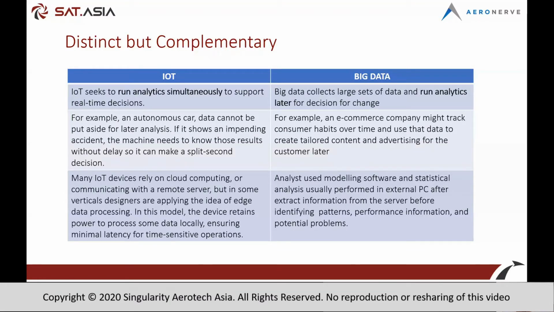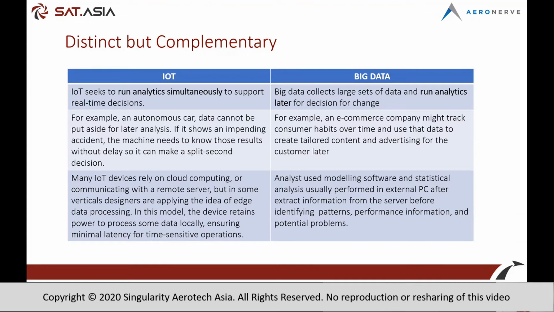It doesn't make sense, right? So IoT supports real-time decisions. Big data is more towards, say, an e-commerce company that might track consumer habits over time and use that data to create tailored content or advertising for consumers later, or even change their business process, for example, change their strategies or the direction the company is going. So it's distinct, almost the same but complementary.